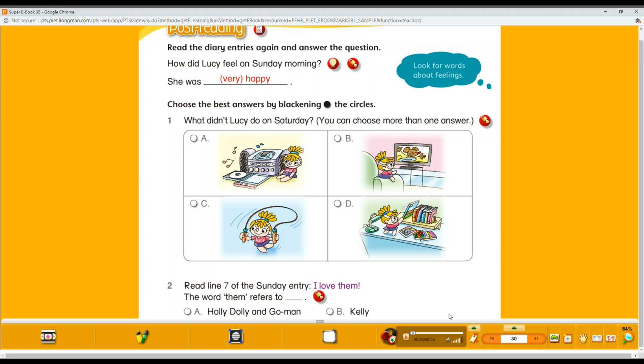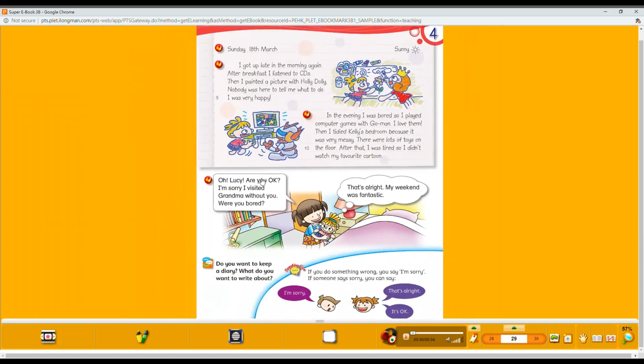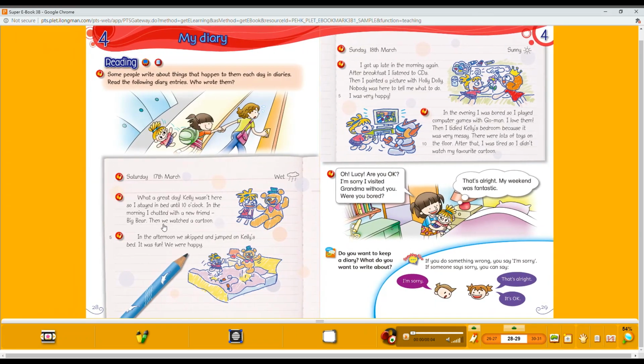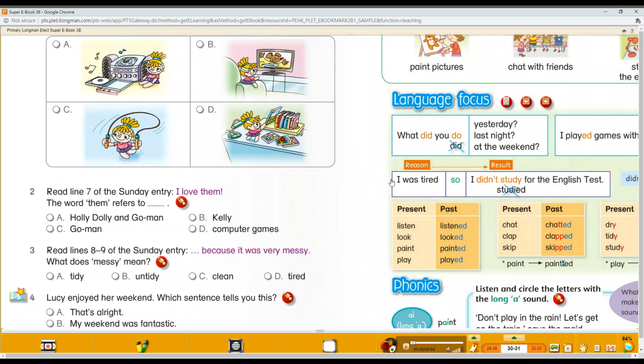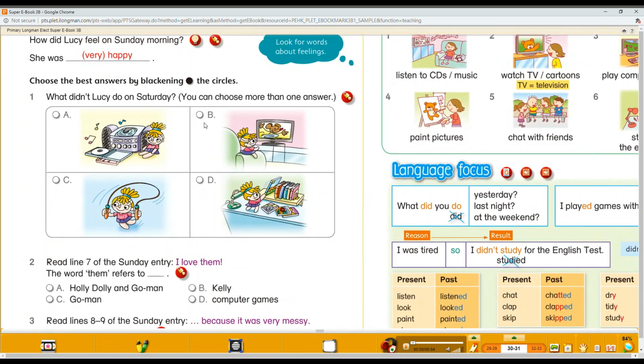Let's look at Saturday entry first. So on Saturday, we skipped. We watched cartoon. That means B and C are wrong. The answer should be A and D.